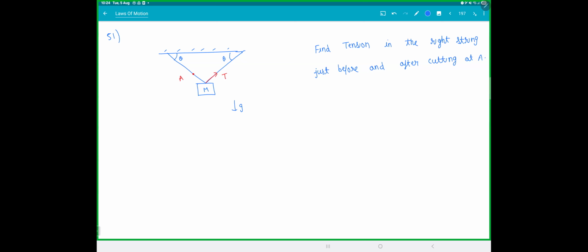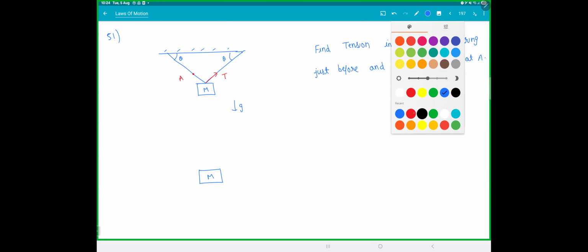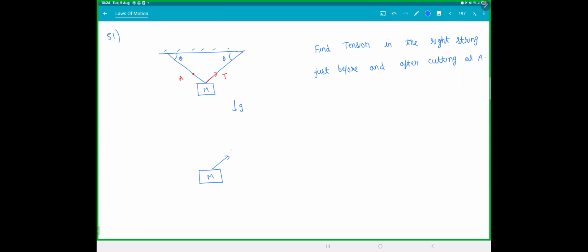The before cutting was easy. Draw an FBD. Tension, tension.